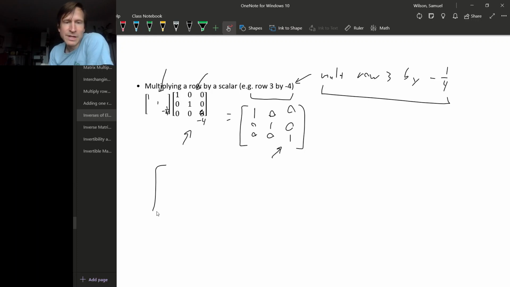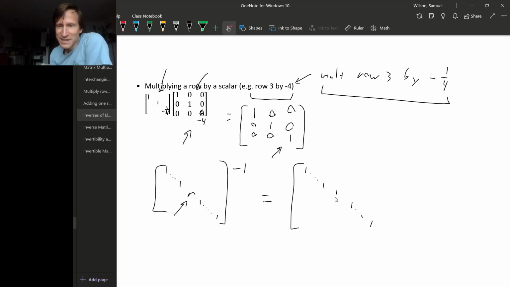Okay, so if we have one of these elementary matrices that multiplies a row by a scalar, the inverse of that just has 1's down the diagonal, but in whatever position where we had the scalar, we get the reciprocal of that scalar instead. So this is another elementary matrix of the same type.